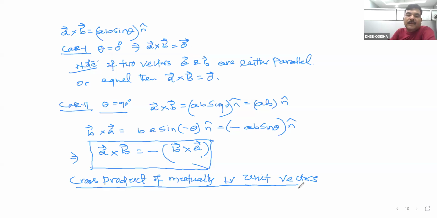Mutually perpendicular vectors, that means I cap, J cap, K cap are called mutually perpendicular unit vectors.